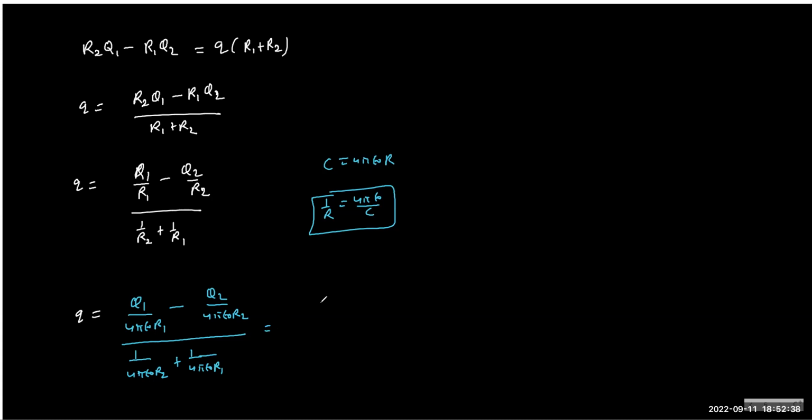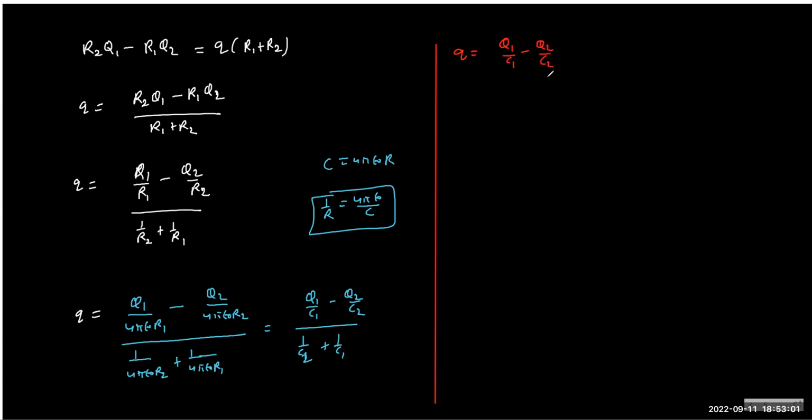So what it becomes is Q1 by C1 minus Q2 by C2 upon 1 by C1 plus 1 by C2.